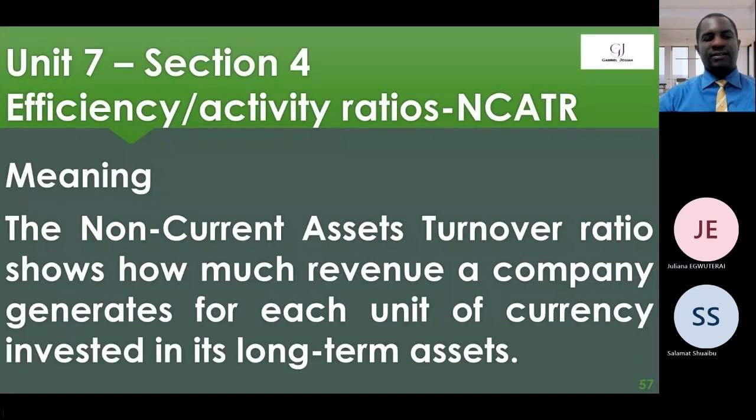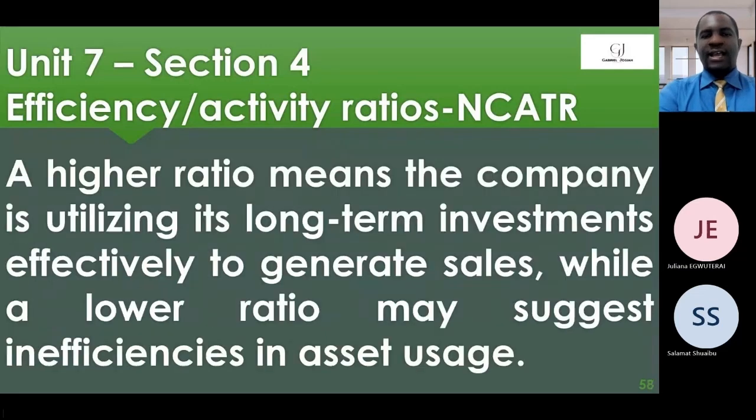Very, very graphically. So the higher ratio means that you are utilizing your long-term investments effectively. Non-current assets are long-term investments, not like current, that is a monthly, quarterly, or at most 1 year thing. So this one spans 5, 10, 20 years, some assets even 50 years.